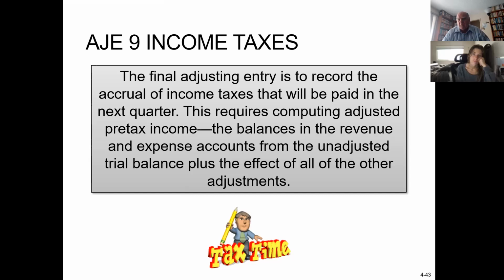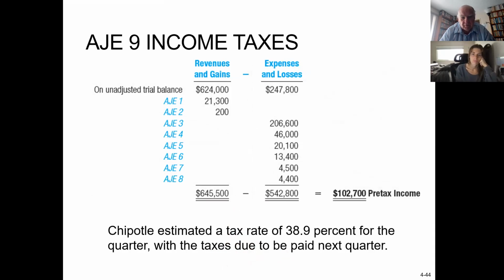Finally, when we know what our pre-tax net income is, and that would be our operating income plus and minus non-operating items like interest expense, interest revenue, disposals of a division, we're going to take our net income and simply multiply it by 30% or 20% or whatever the tax rate is. And we're going to record a journal entry for that.